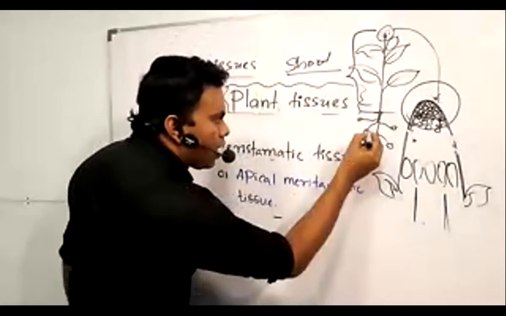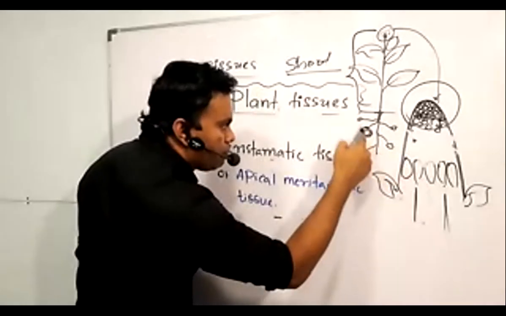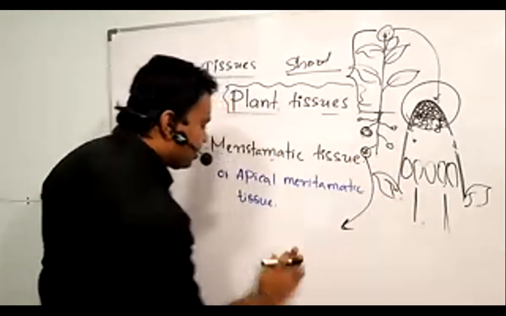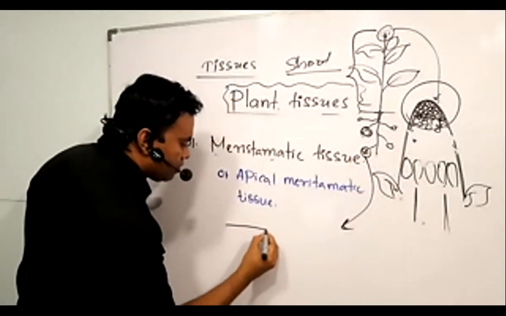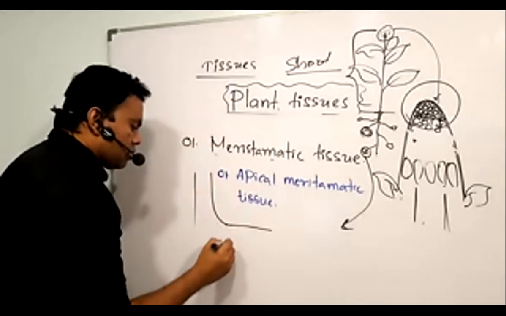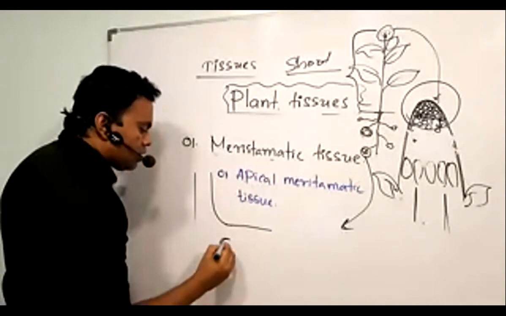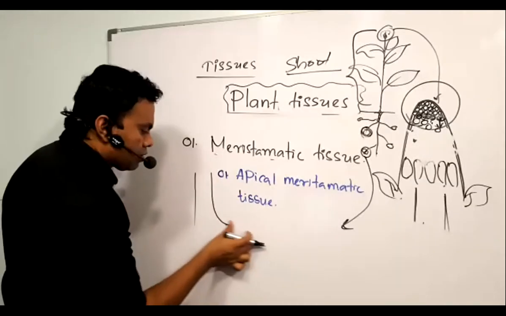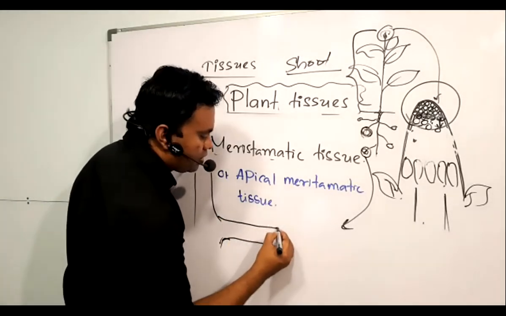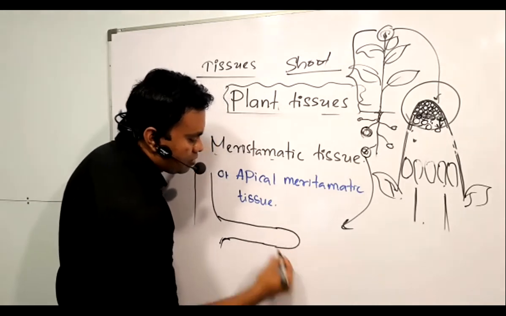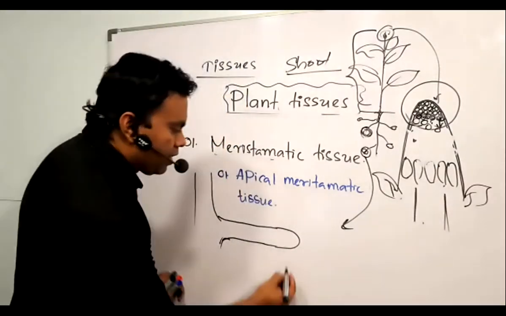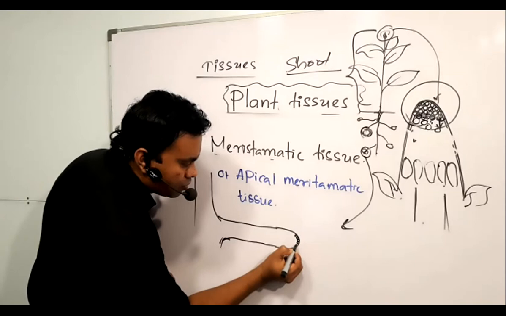Okay, look at this. I'll enlarge, I'll magnify this. So you can see. So this is the root and here's the taproot. Okay, a lateral root is growing. And this is, so that's the root apical meristematic tissue here, boys.